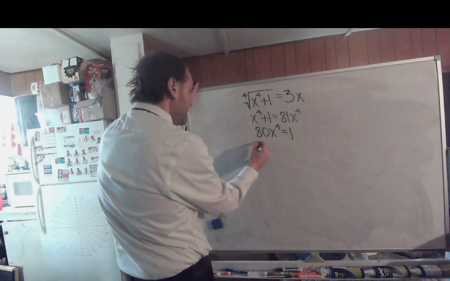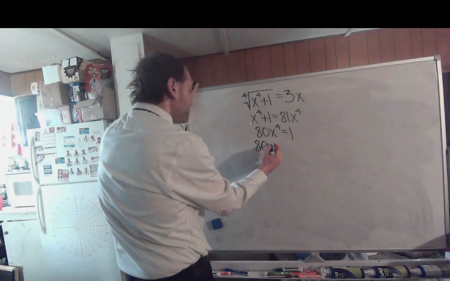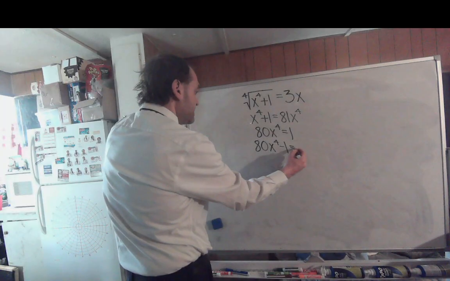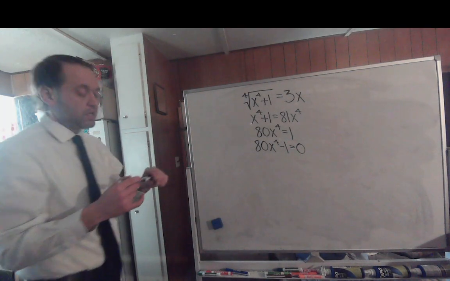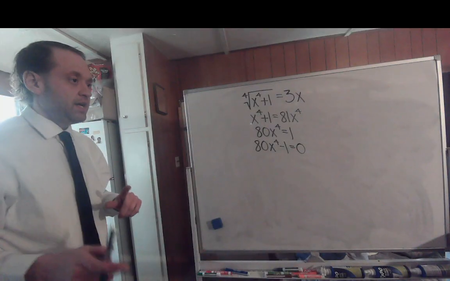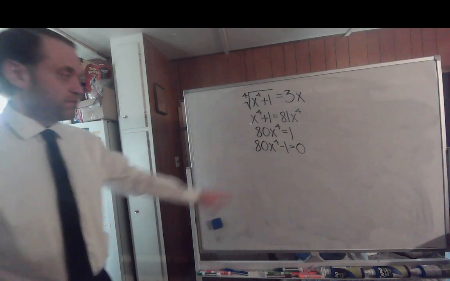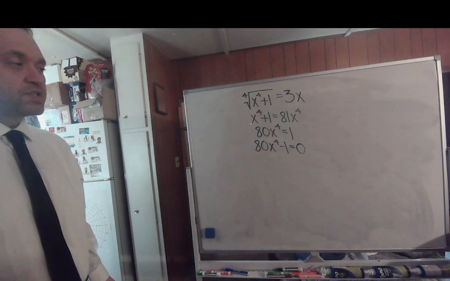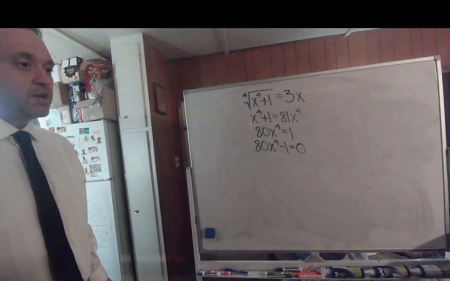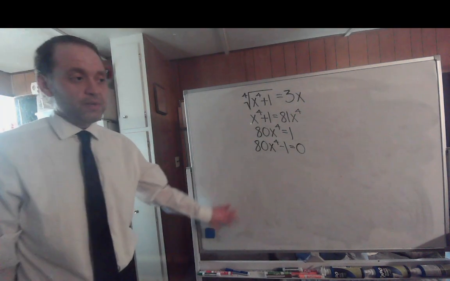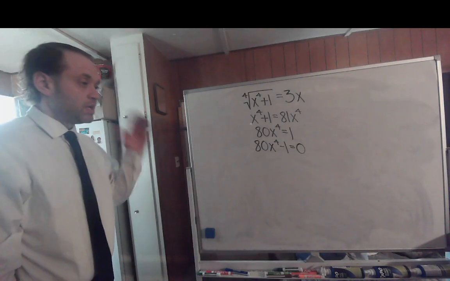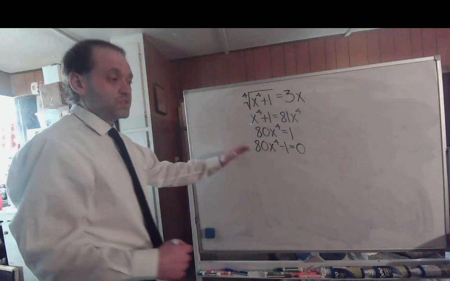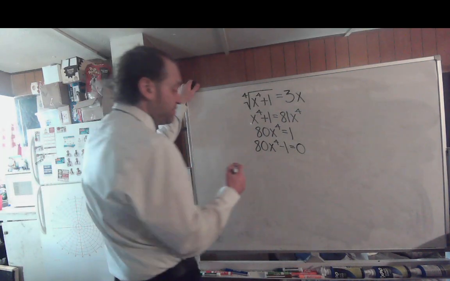So now let's take 80x to the fourth minus 1, set that equal to 0. Well, interesting thing here, this is a difference of two squares, right? In theory, we could have 4 solutions, but I can tell you right now, 2 of them are about to be imaginary. Because you take the square root of 80, it turns into the square root of 16 times 5.